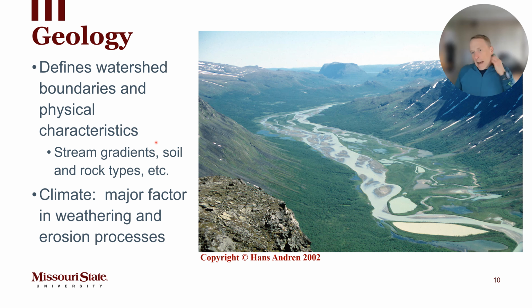So if you've got really competent, hard to erode limestone in one part of a watershed, and you've got a soft, poorly cemented sandstone in another part of the watershed, that sandstone is going to erode easily, so that will become the low point in the watershed where the stream valleys are, and that resistant, erosion resistant limestone will become the high points.